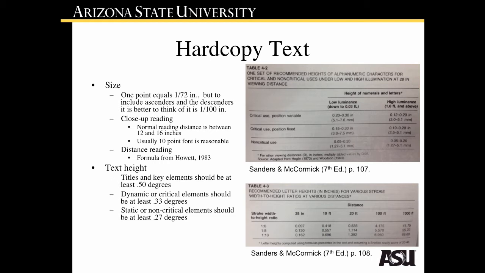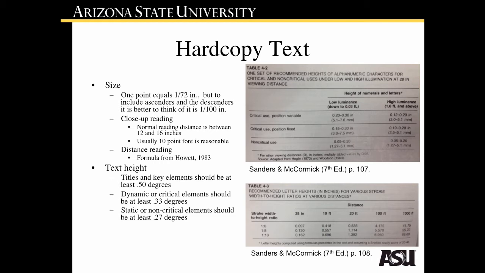And people typically read books and technical documentation and things like that somewhere between 12 inches to 16 inches. For those kinds of things, on hard copy, usually a 10-point font for that distance is pretty reasonable. The text height and the key elements for being able to see things are really important. So, titles, for example, warning signs, those should be a half a degree of visual angle, at least.